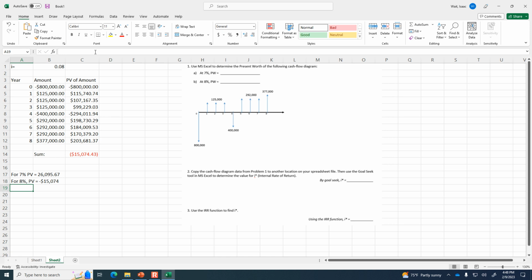Now let me write this on the board because these are the amounts. So 26,905 at 7%. At 8%, it's minus 15,074.